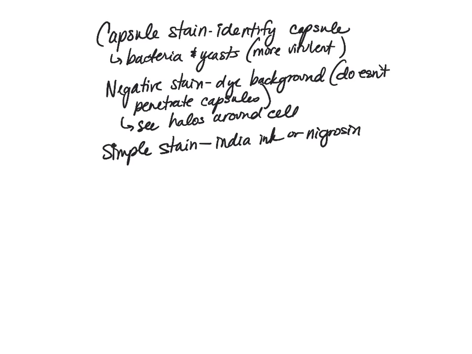Sometimes we can use India ink or nigrosin in a differential way, where we combine a positive and a negative stain. The positive stain would color the cell, but not the capsule. And in the negative stain, we would color the background.